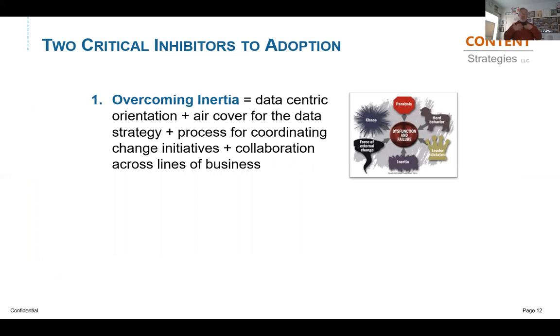Because not only do you have to have this data-centric orientation of why we have incongruence and the implications, but you have to be able to manage the organizational challenges of priorities and politics and processes and give appropriate air cover and allow for the infrastructure to be created, meaning coordination across your processes and facilitating collaboration. It's a big ask, we know that. But this is really the big challenge, it's not really the technology.